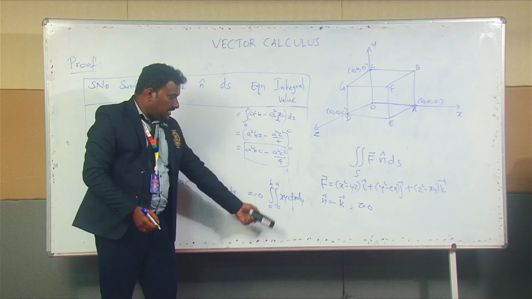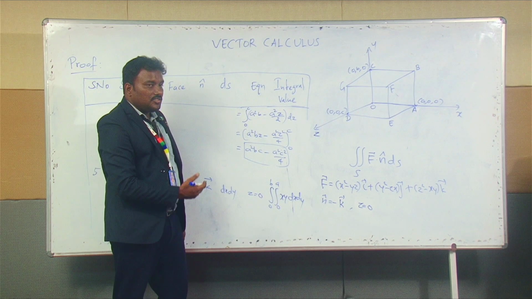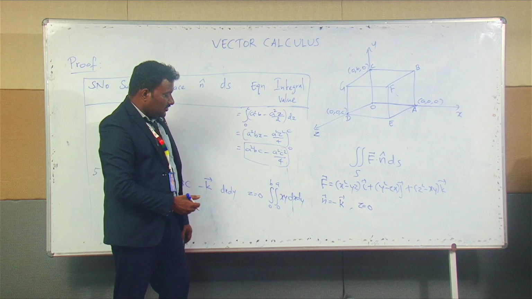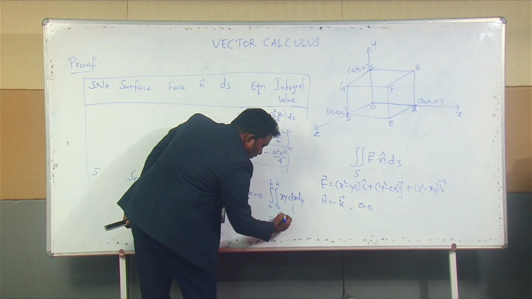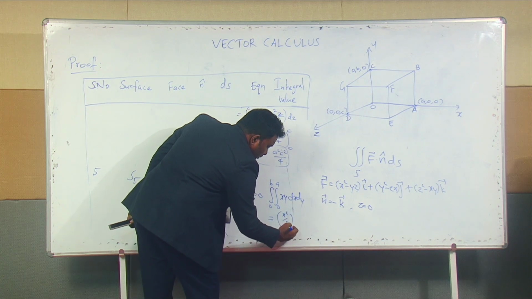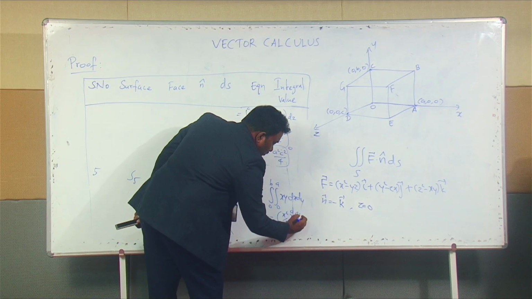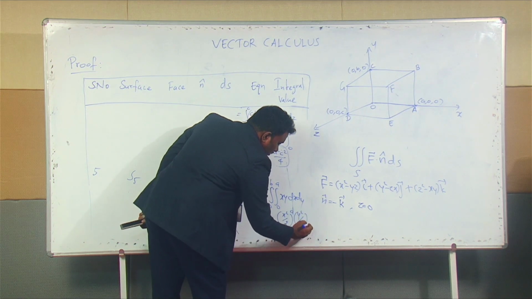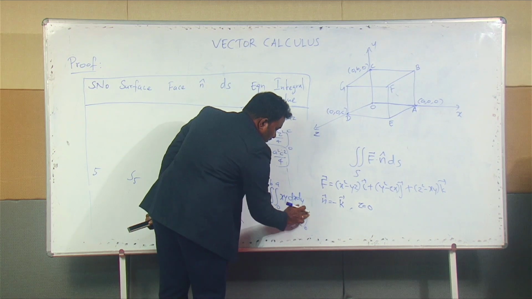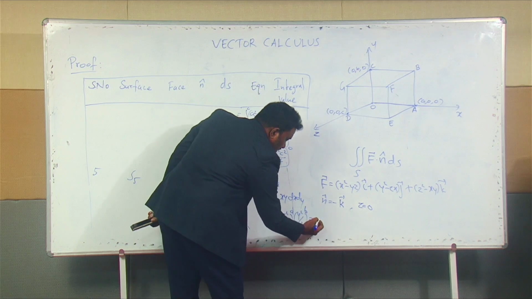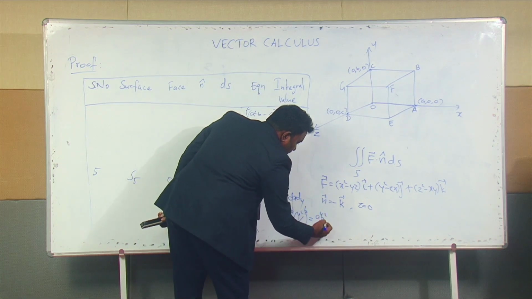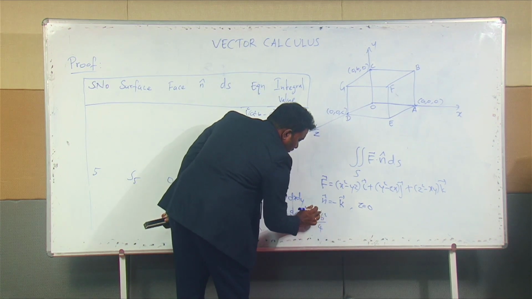So, now if we start integrating this, like the previous surfaces, we get x square by 2 from 0 to a and y square by 2 from 0 to b. So, by applying the limits, we get a square b square divided by 4.